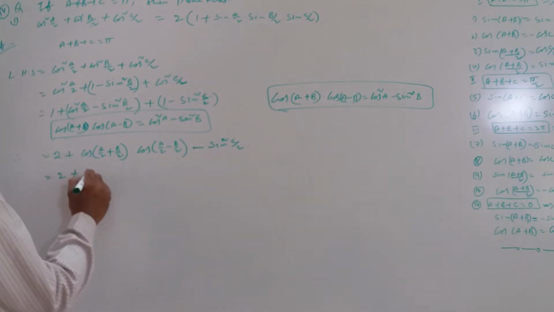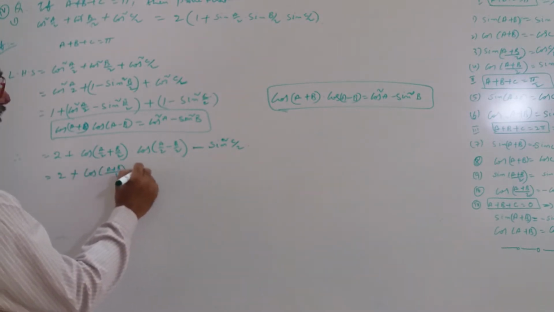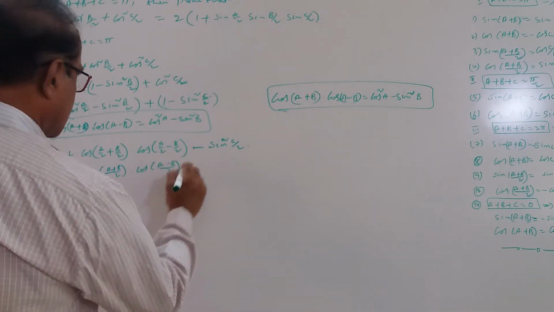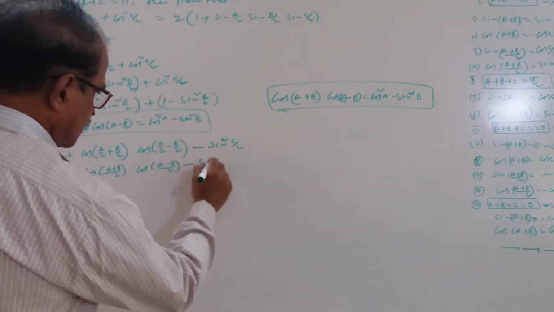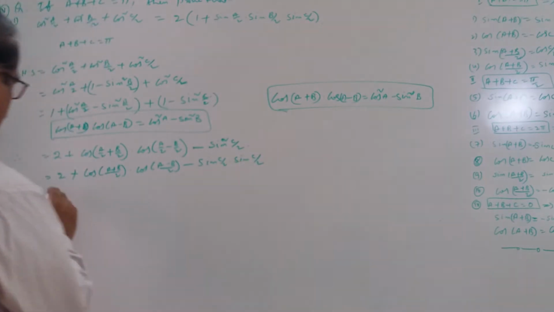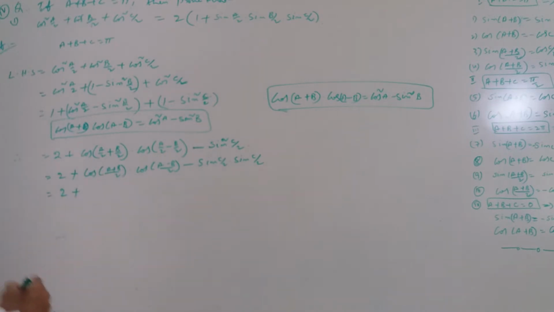I will write one step again here. Cos of a plus b by 2 into cos of a minus b by 2 minus sin c by 2 into sin c by 2. Okay. That means 2 plus cos a plus b by 2.